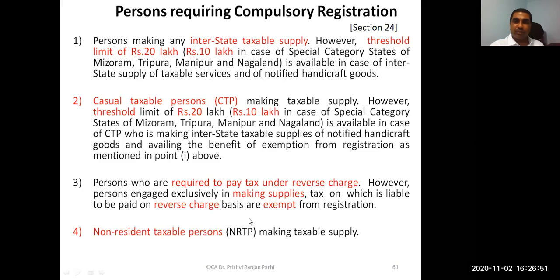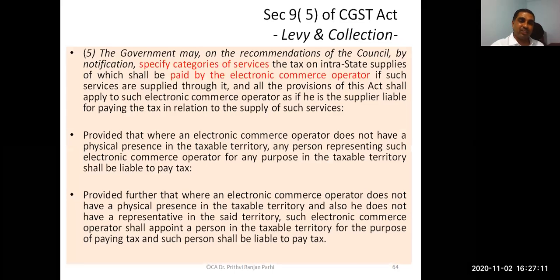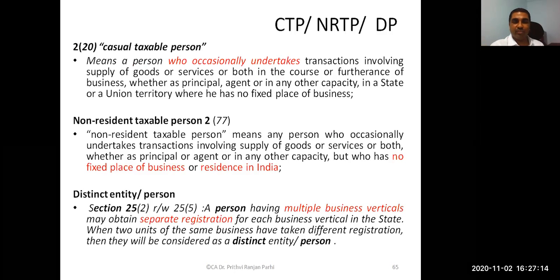Fourth category of persons coming under compulsory registration is what we call NRTP, that is, non-resident taxable person. If a non-resident taxable person makes some taxable supplies, then he has to get himself registered. Who is a non-resident taxable person? In our initial chapter we have discussed. Again, let me refresh your knowledge.